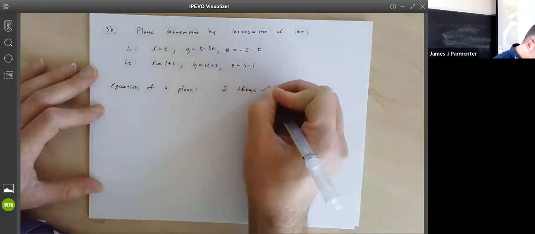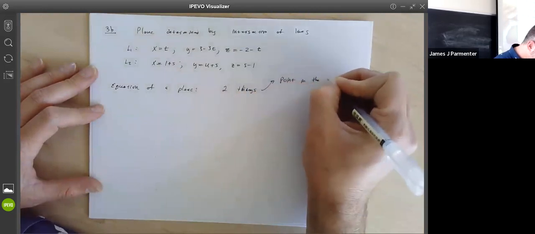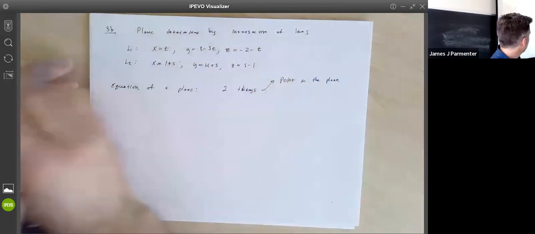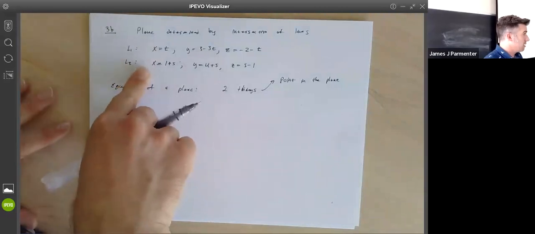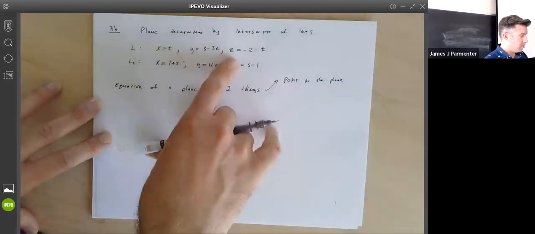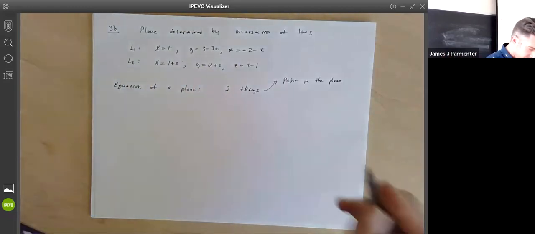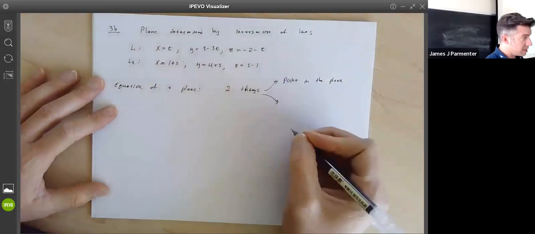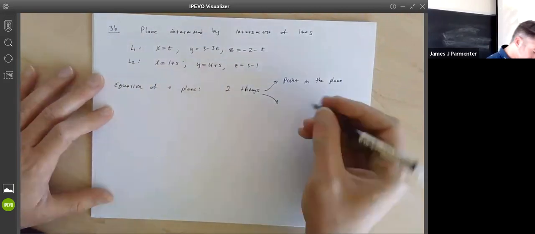Thing one, you need a point in the plane. Well, both these lines are completely in the plane. So literally let t equal 0 or let s equal 0 or whatever you like and get a point. Thing two, what's the other thing that helps us determine the plane?